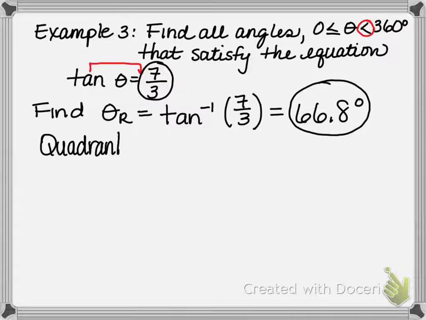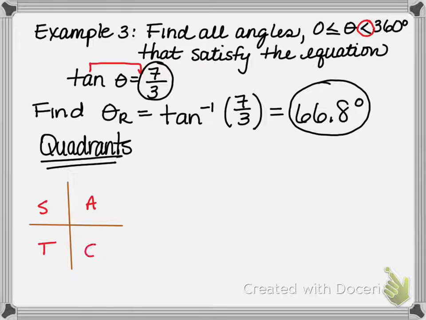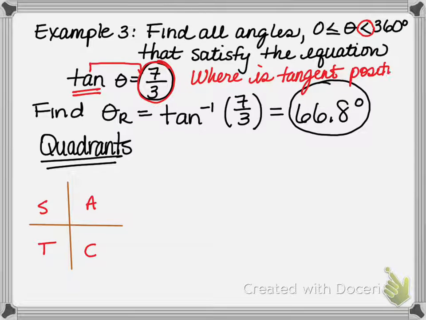Now, let's find out the quadrants, okay? Let's figure out what quadrants we've got. I'm going to make our little rubric here again. All students take calculus. Now, what's my question? This is the trig function. Where is tangent? And then I look at this number. It's a positive value, so I say positive.